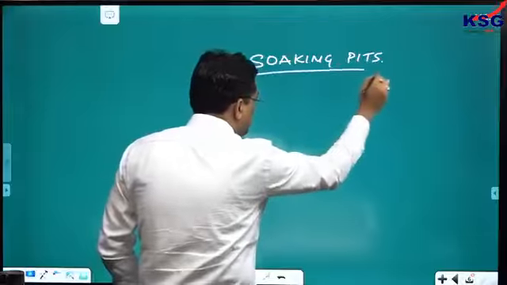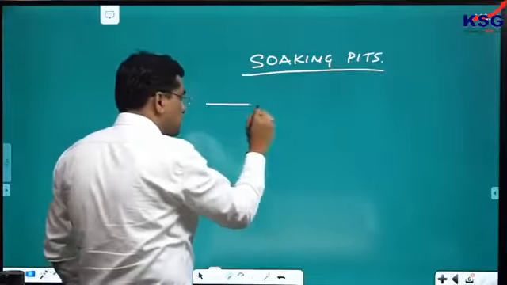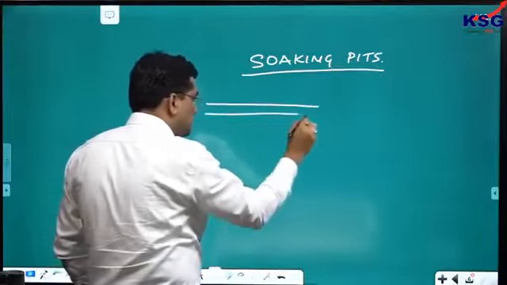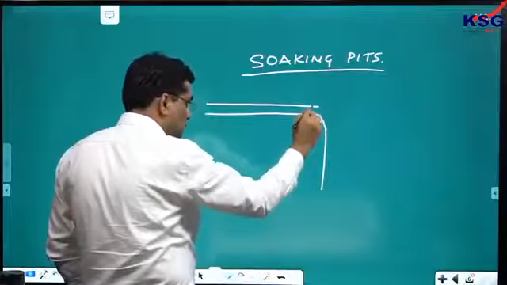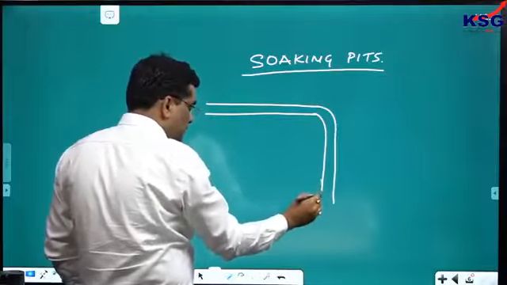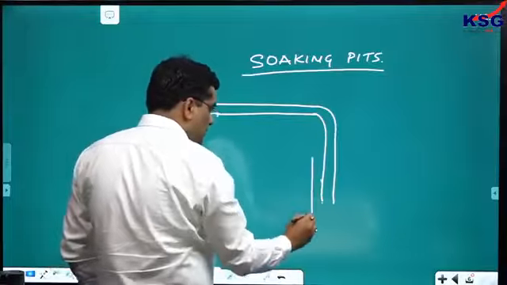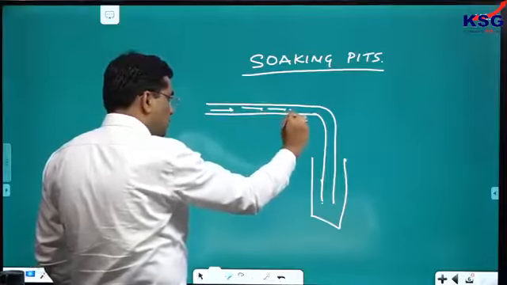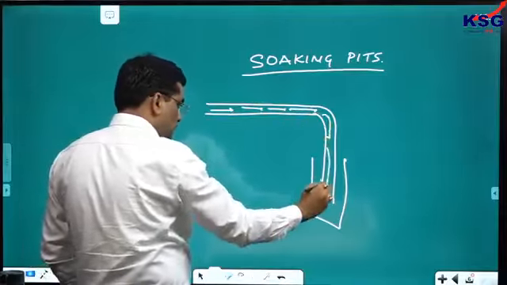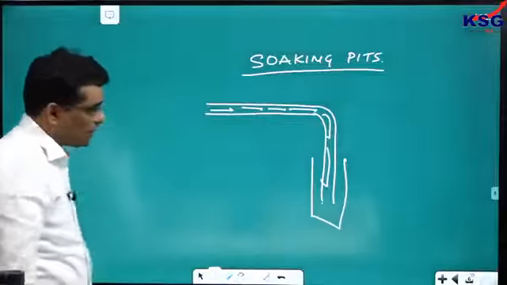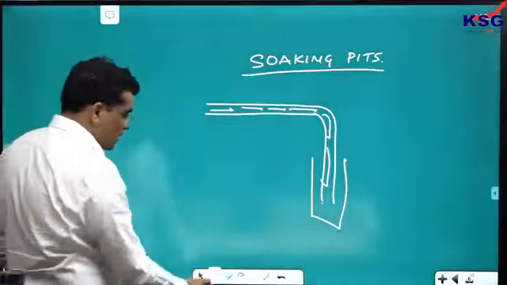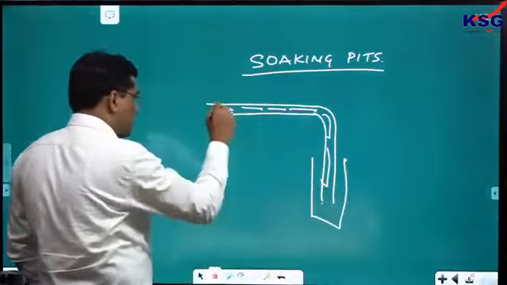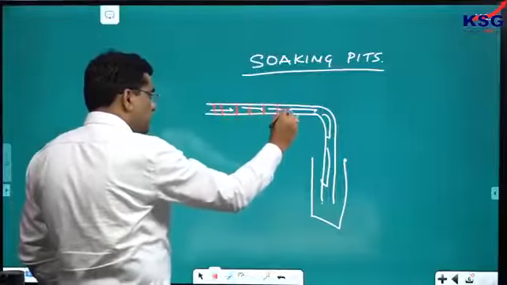You understand soaking pits? Suppose this is a drain and then it was put here below the ground. The dirty water will go round the ground. This is the way they had created this system, and then there was a slab to cover the drain.